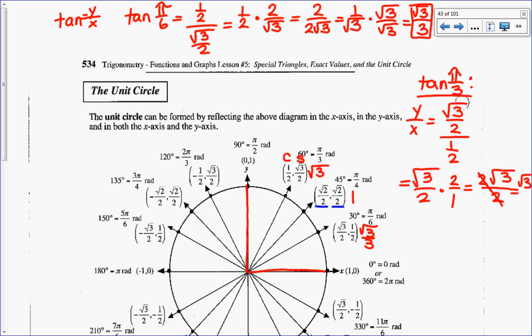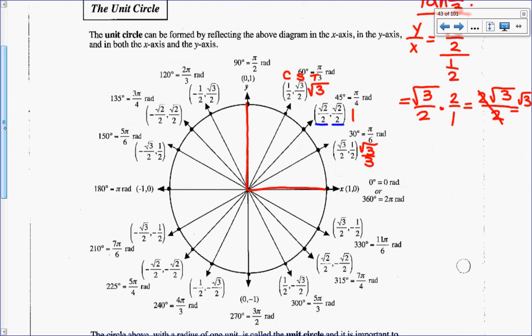Okay. Now what we learned last day is this gives us our cosine, our sine, and our tangent for each angle. Cosine, sine, tangent, cosine, sine, tangent. And if we know those, then we just reflect them across the x-axis or the y-axis. So let's do that. Let's reflect across the y to get our quadrant 2.